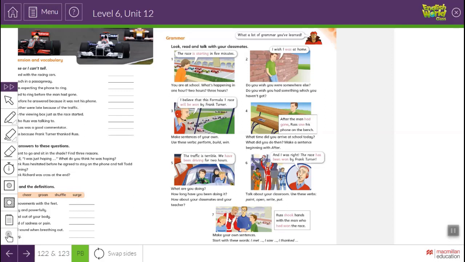Last picture. Ross shook hands with the man who had won the race. Again, past simple and past perfect. Make your own sentence. Start with the words I met, I saw, I thanked. So, for example, I met my friends after I had arrived at school.